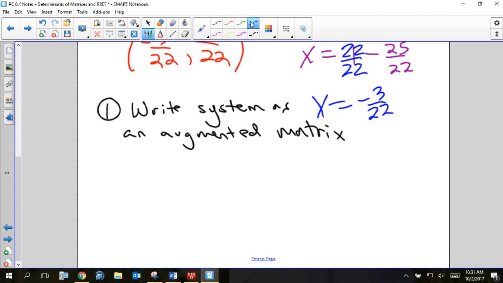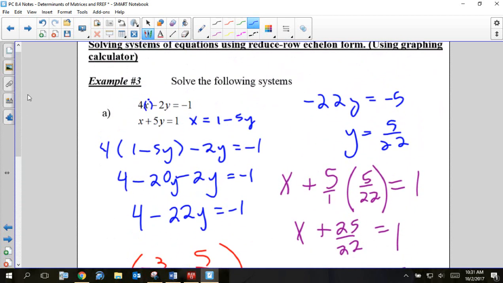Remember the augmented matrix? How do we do the augmented matrix? Where do I get the numbers for the augmented matrix? The coefficients.